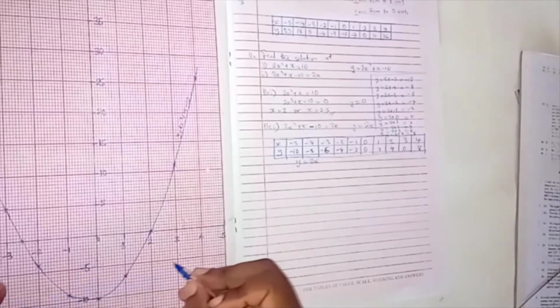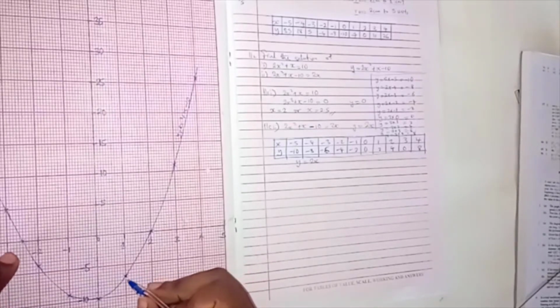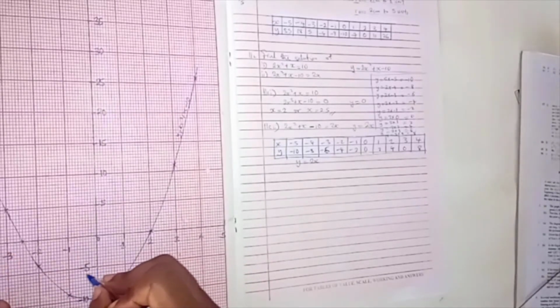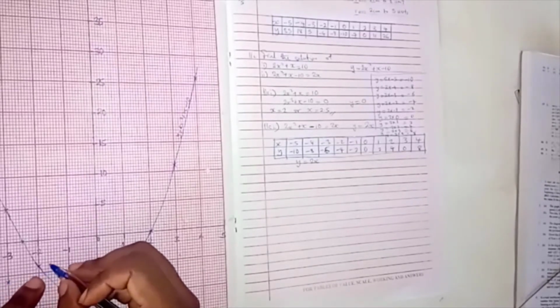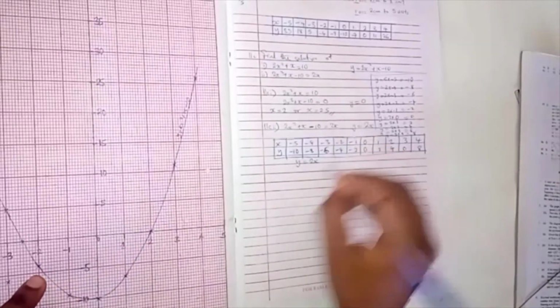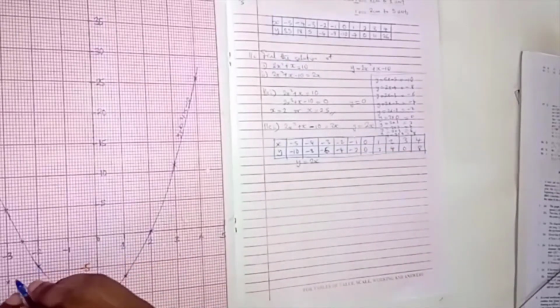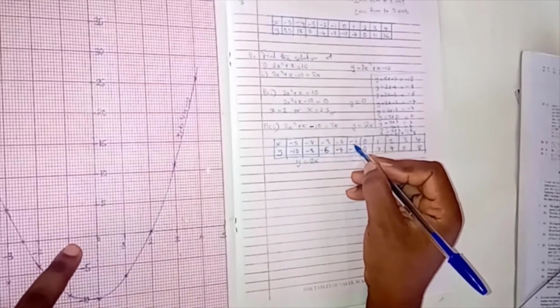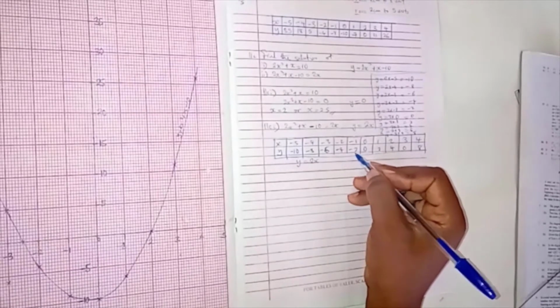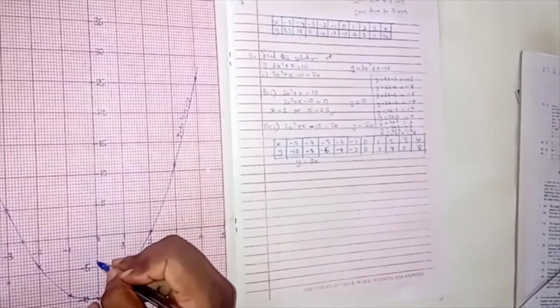And when x is minus 3, y is minus 6. 6 will be somewhere here. When x is minus 2, y is minus 4. Okay, so it's going to cut here. All right, so this is minus 4. And here, when x is minus 1, y is minus 2.